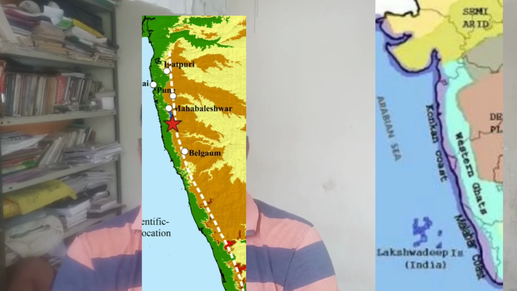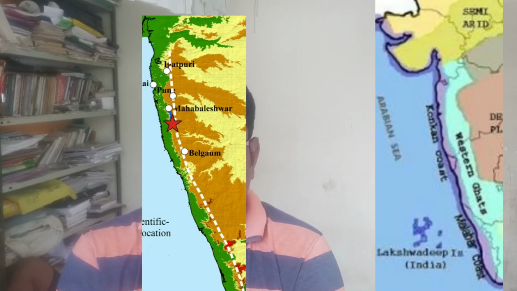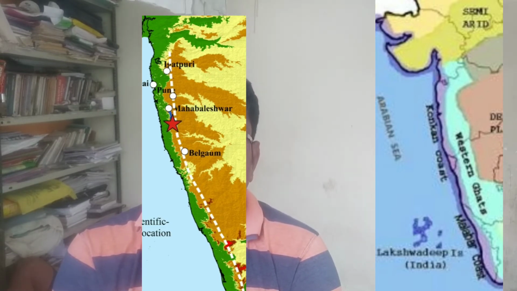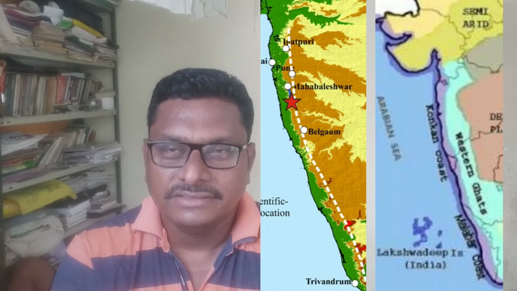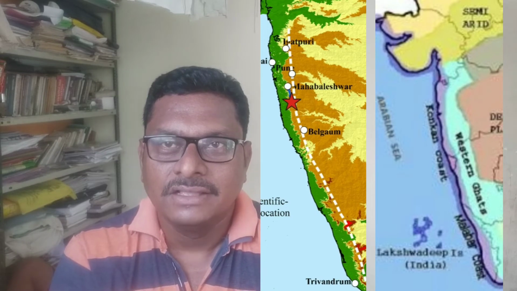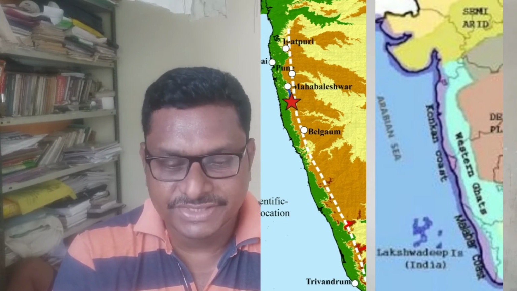And we are giving our attention separately. Let us see first the western coastal plains. My friends, the western coastal plains border the Arabian Sea to the west and the Western Ghat to the east. And in between these two landmasses, there is a small strip, and that small strip is known as the western coastal plains.